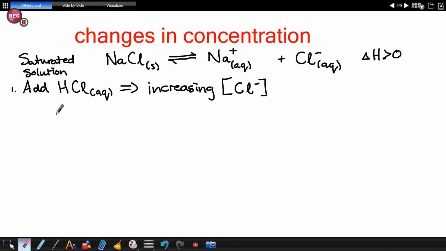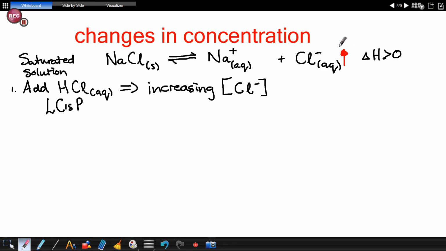Now we need to look at Le Chatelier's principle. What will happen if we increase the concentration of the chloride ions? Which reaction will be favored? You're adding, so you're increasing this concentration. I'm not trying to say this is a gas.